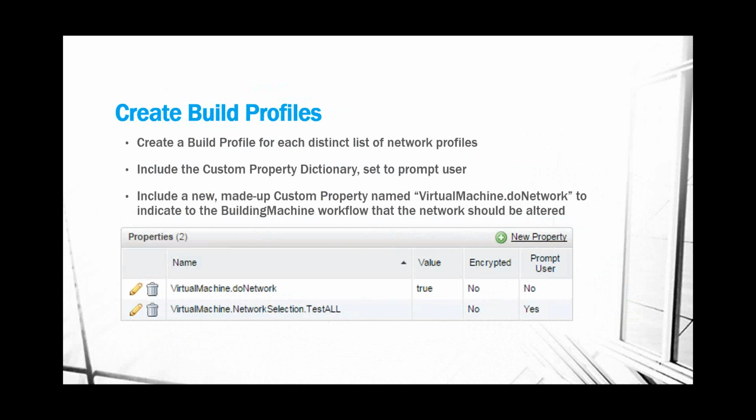If that value is not set or is set to something other than true, then we just bypass that piece of logic. This allows us to have quite a bit more control over what's executed within that workflow. And then in this case, for this build profile, we've chosen to add the custom property NetworkSelection.TestAll.